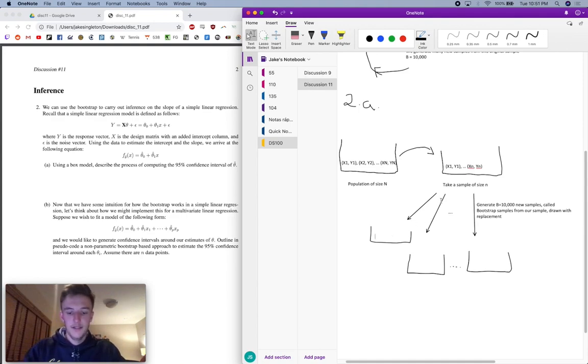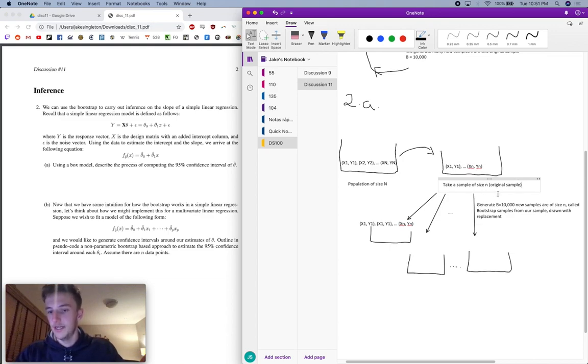So for example, here we might get x1, y1. We might get x1, y1 again. And here we get the last data point, xn, yn. I just remembered I can't forget this: these 10,000 new samples are of size n. So these bootstrap samples are of the same size as our original sample. Maybe we'll say original sample here, just to make that crystal clear.